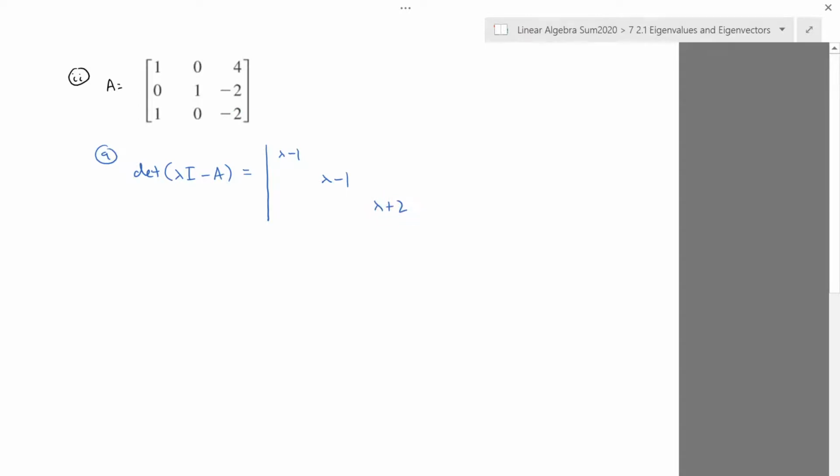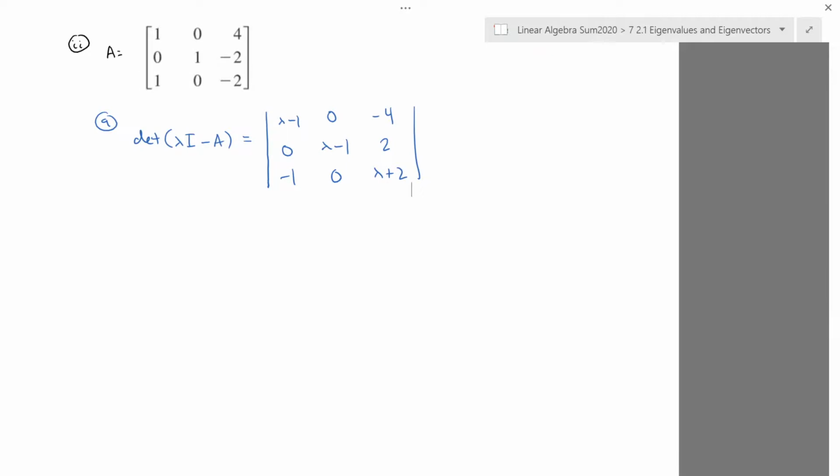Then I take the opposite of the other entries, so this becomes a minus 4, this becomes a plus 2, positive 2, this is 0, this becomes a minus 1, and this is 0. Okay. So now I have to take the determinant of this, right? And again, my matrix has a few zeros, so it makes things a little bit easier. So let's expand by the first column.